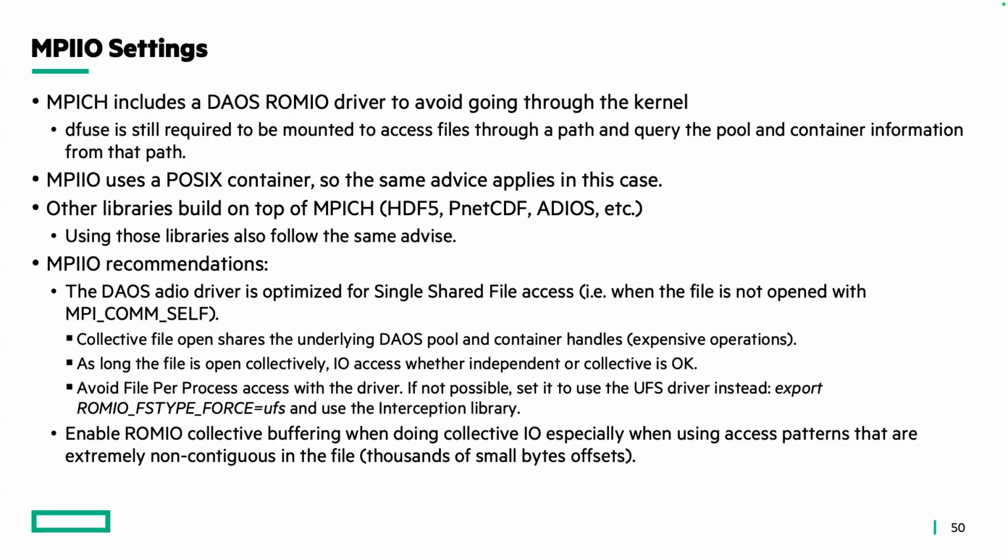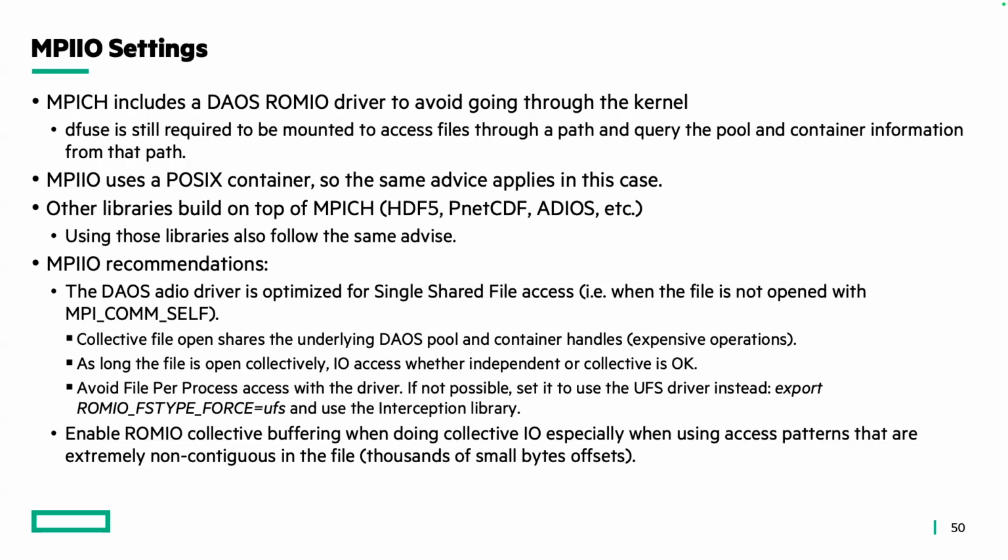Can you talk a little about container chunk size default performance impact? Chunk size is basically the stripe size in Lustre terms. By default, that chunk size is set to 1 megabyte. So if you're doing 1 megabyte IO, each IO will be optimized to go to a single group, or single target.